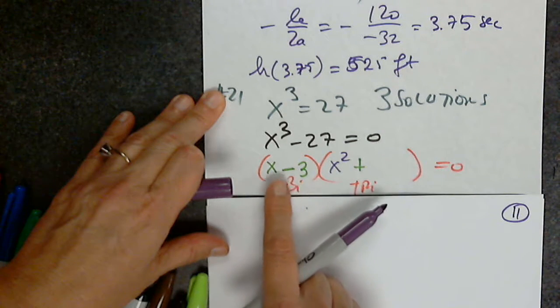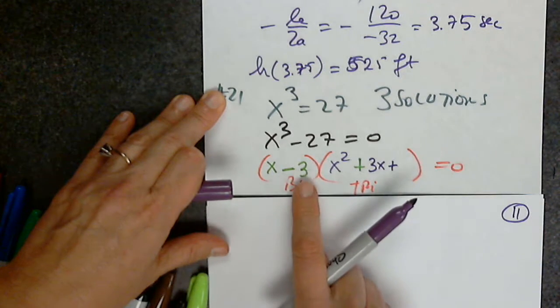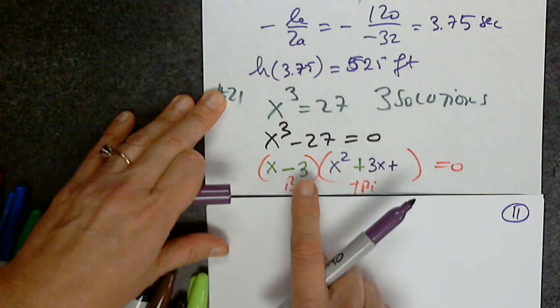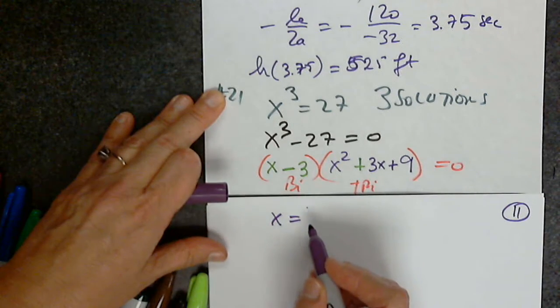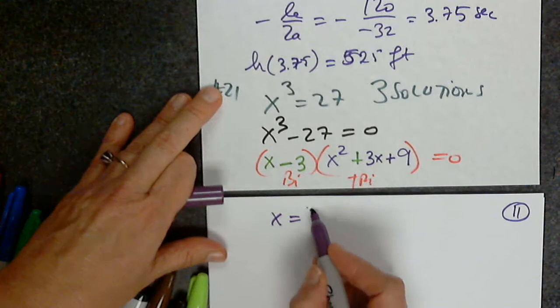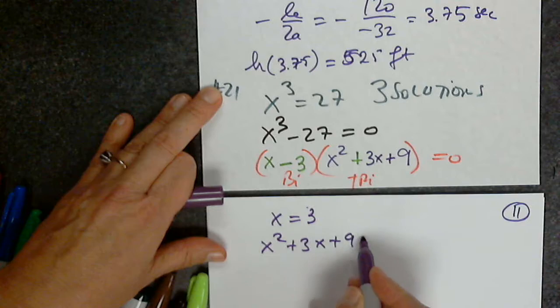We have to multiply. 3x and plus 9. I already have one solution, which is 3. Very good. But now I have to solve the other equation, which is this.